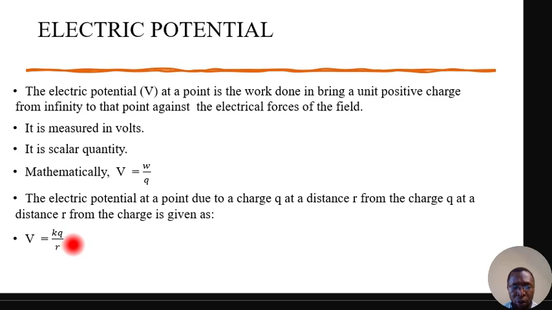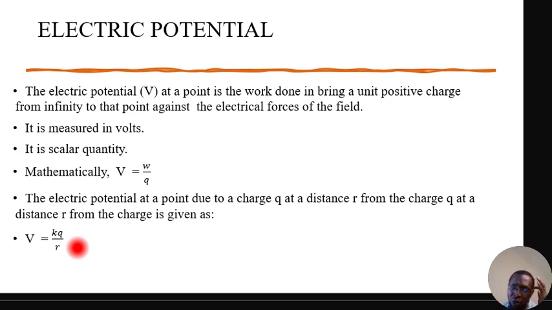K is still our universal constant for electric field, Q is the charge, and R is the distance between the point at infinity and the point where the charge is taken to.